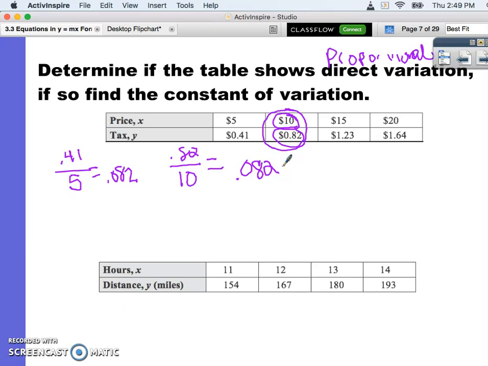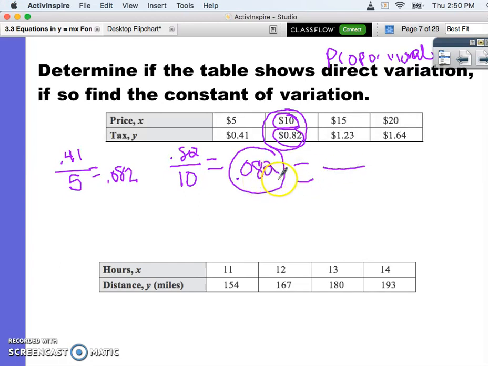It says, if so, find the constant of variation. There I have to divide my y by my x, and this is going to be my constant of variation. But I want it in simplified fraction form. So I'm going to put it back into a fraction.